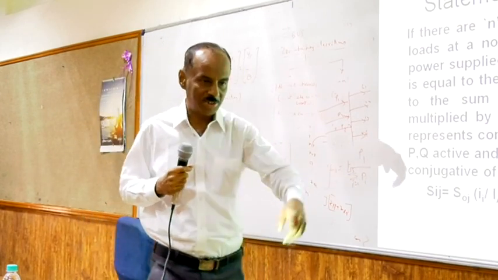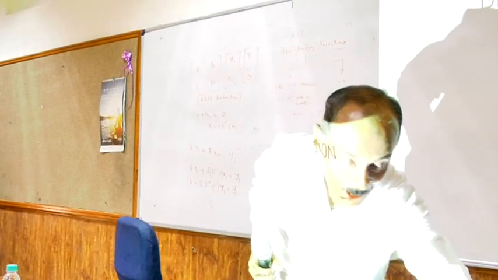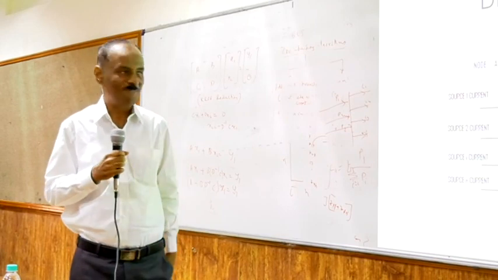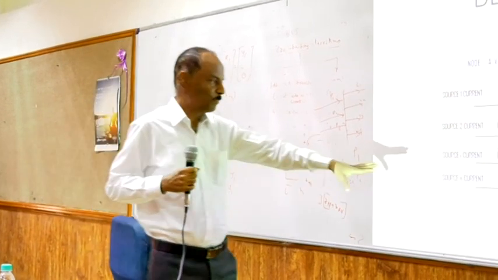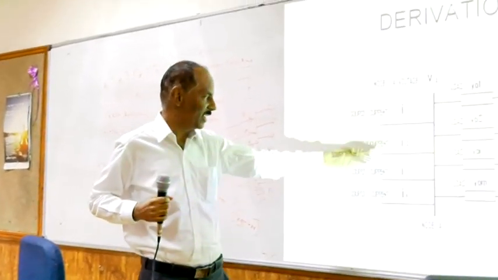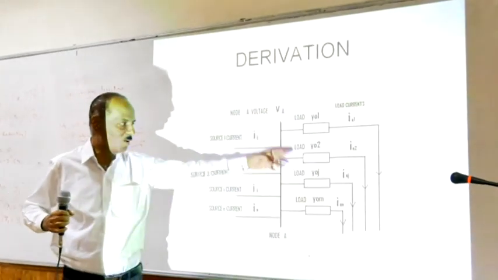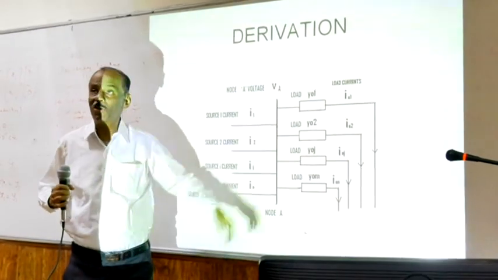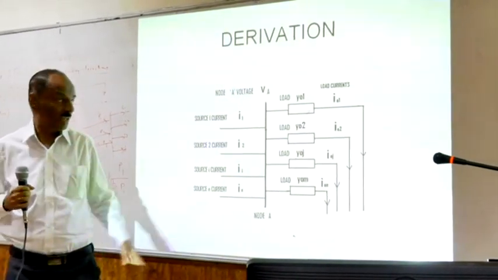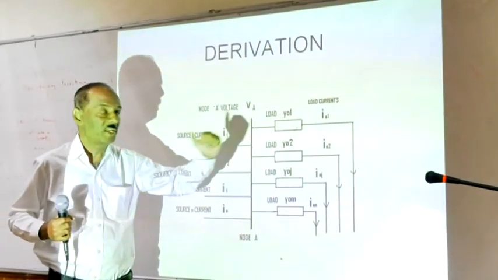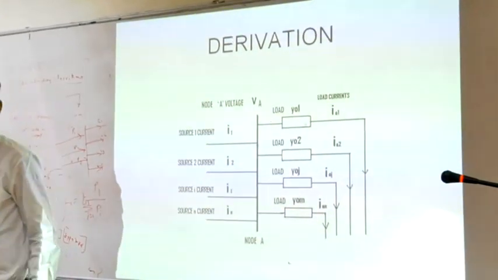Okay, now next. I am very happy to hear that some persons are keenly following. See, this is the node, whatever I have written here. Source 1, source 2, source 3, n sources. See, loads are there. You can ask the question, sir, this is a network, so how can you say only admittance is represented?